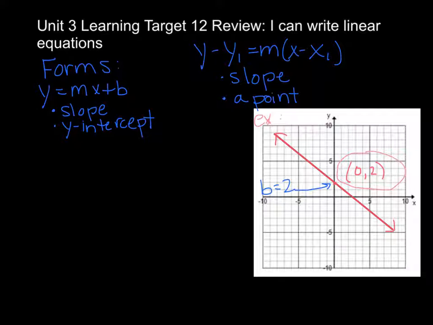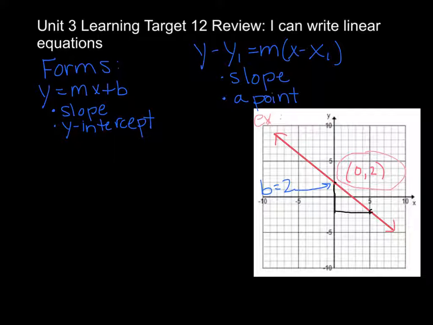So I see a point right here, that (0, 2). Where is another point on this line? It appears to be right here is the best point. So we will make our slope triangle. Is this going to be positive, negative, 0, undefined?